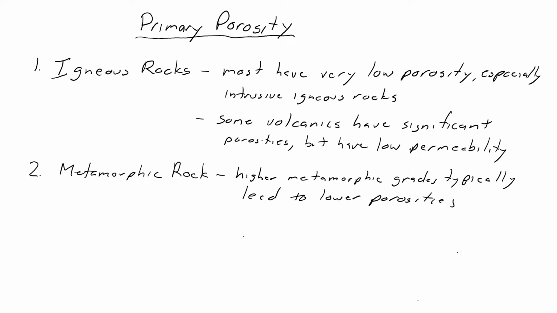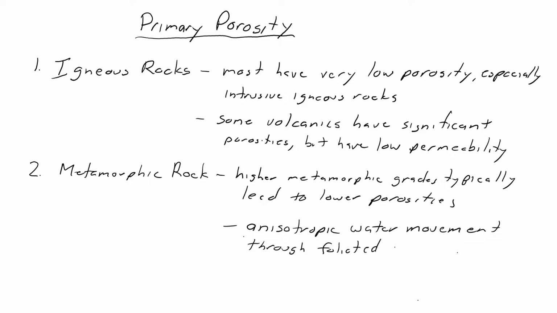The interesting thing also about metamorphic rocks is that you can have what's called anisotropic water movement through the foliated metamorphic rocks that tend to occur in regional metamorphic environments.